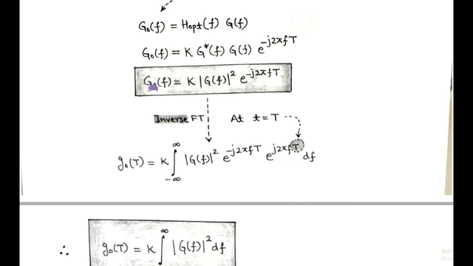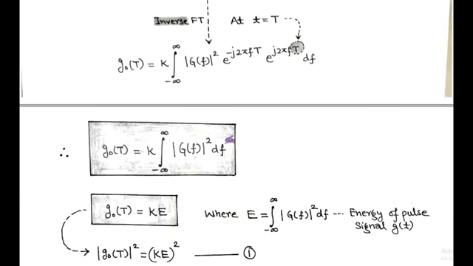Now, in place of g naught(f), we can write k mod of g(f) square into e to the power minus j 2 pi f T. Now, the exponent terms cancel each other and we get g naught(T) equals k times the integration of mod of g(f) square df, taking limits f equals minus infinity to infinity.